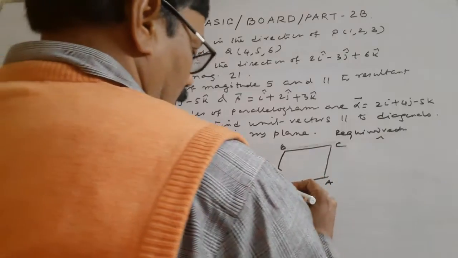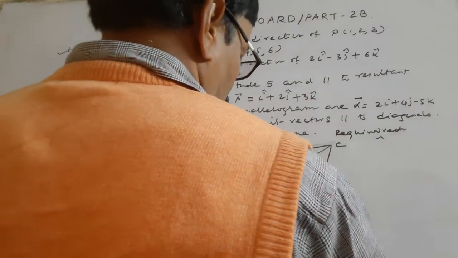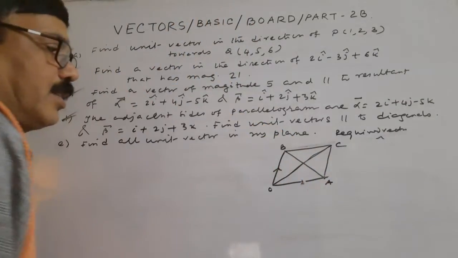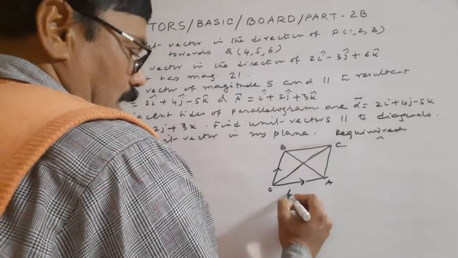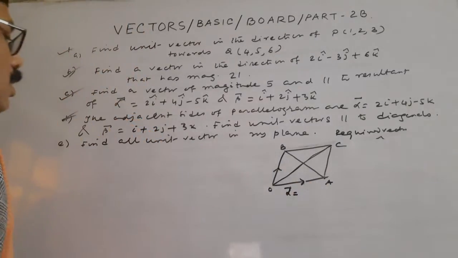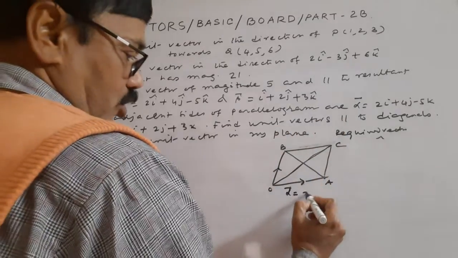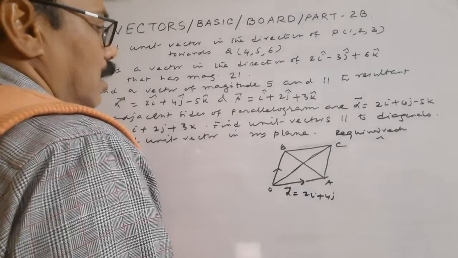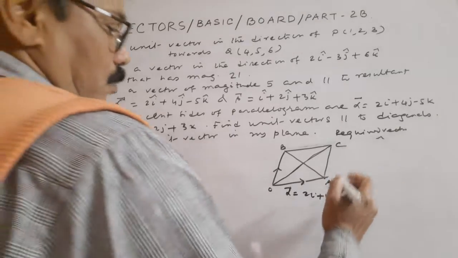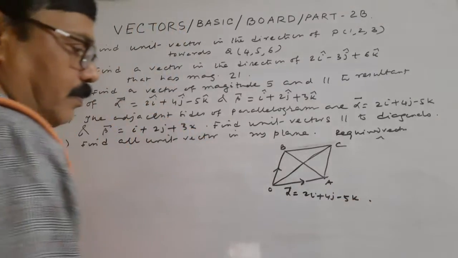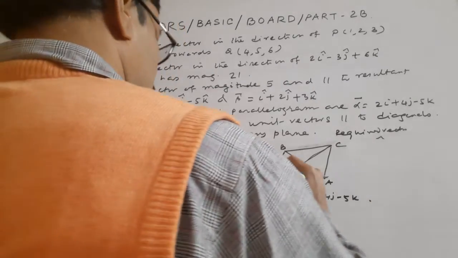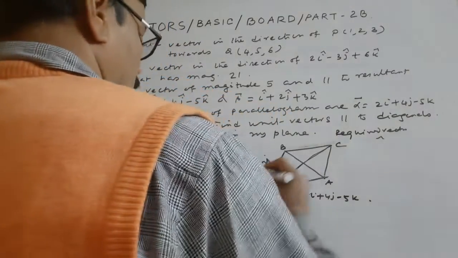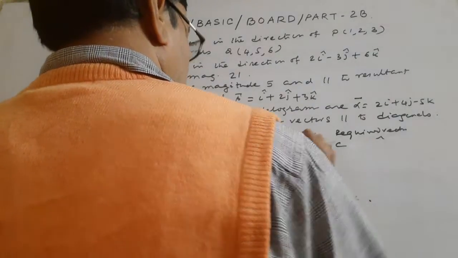OACB is a parallelogram. OA is the alpha vector. These are the adjacent sides, 2i plus 4j minus 5k. And another is i plus 2j plus 3k.